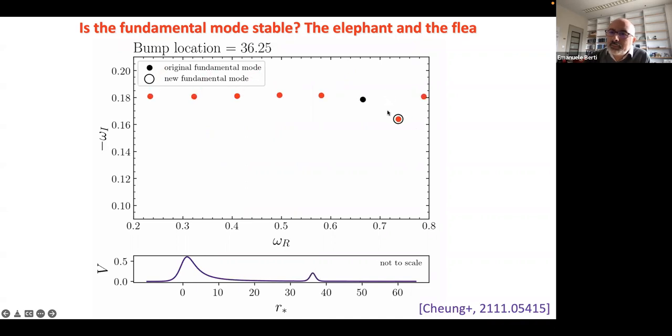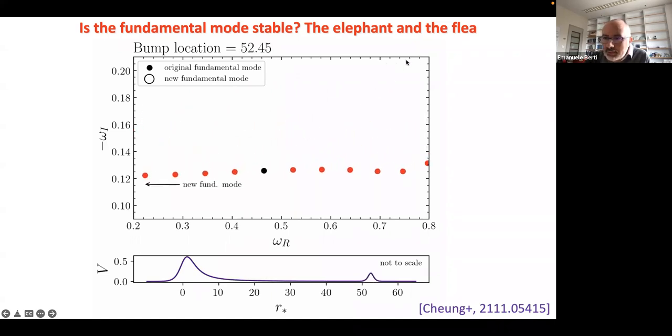When the perturbation is small, you get a mode that is looping around the original value. But when your bump goes far enough away, you are creating a whole spectrum of trapped modes between the left and right barrier. These are the red dots that you see appearing at the top right.